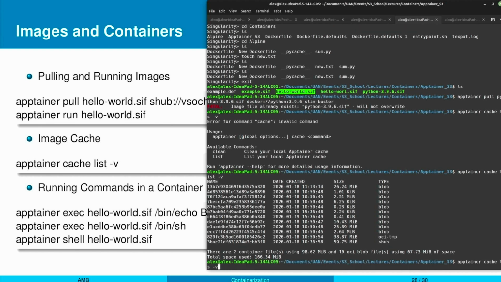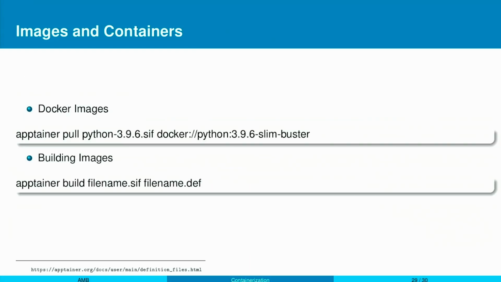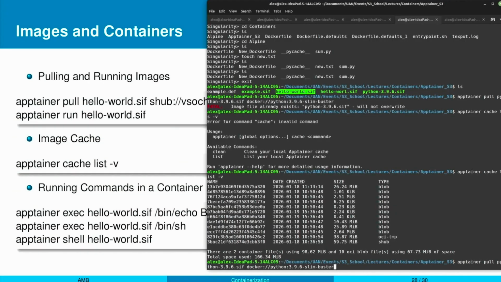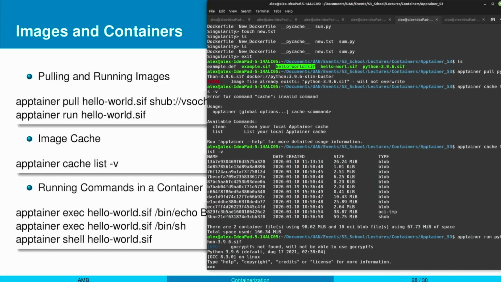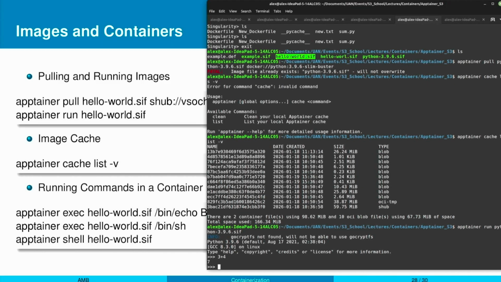So it's already installed, and then I can run that one just with Apptainer again, run python, and it goes exactly to Python 3.9.6, so I can again do whatever I want to do there.